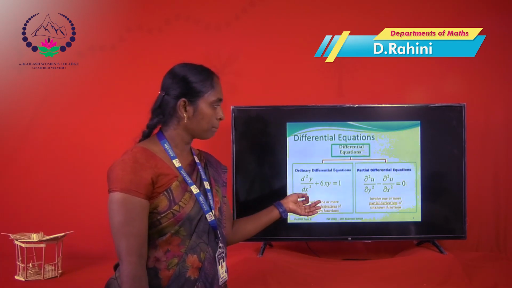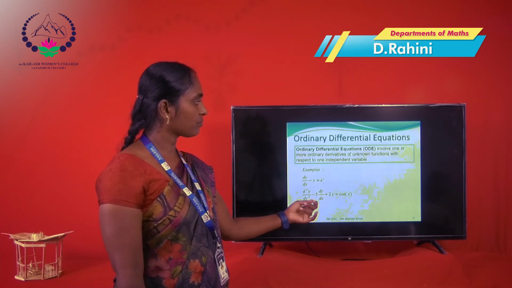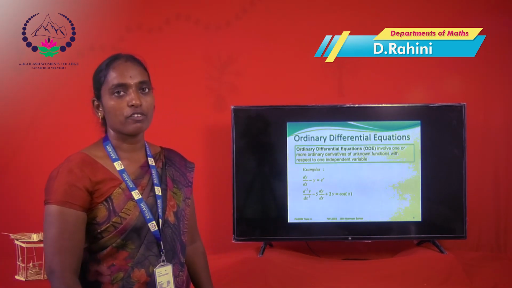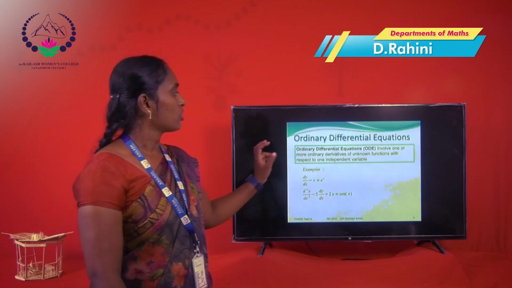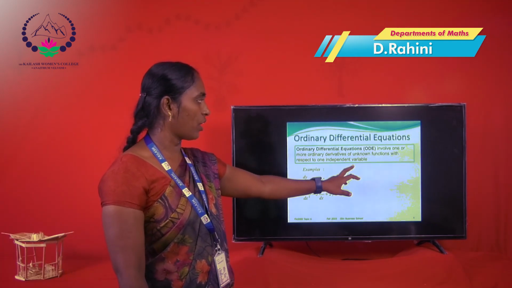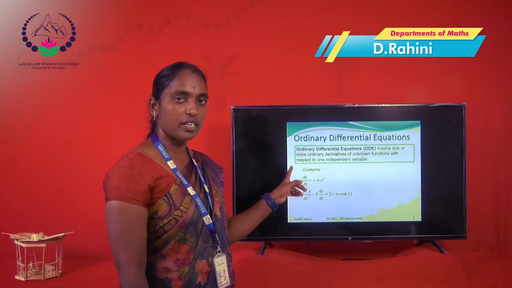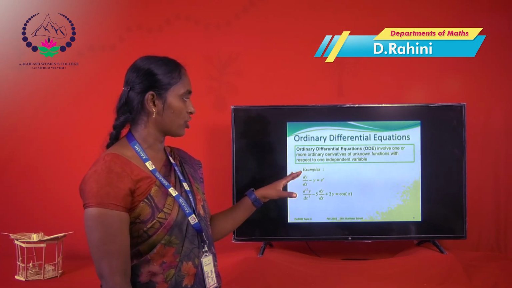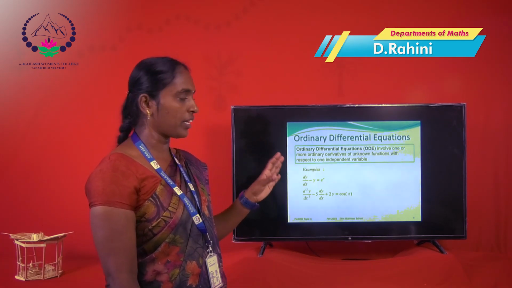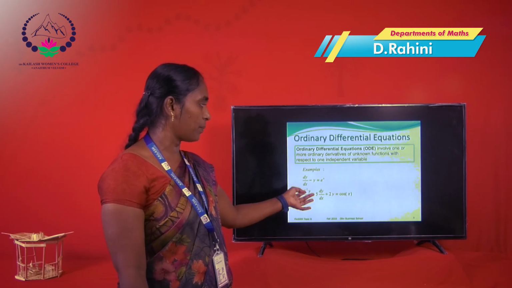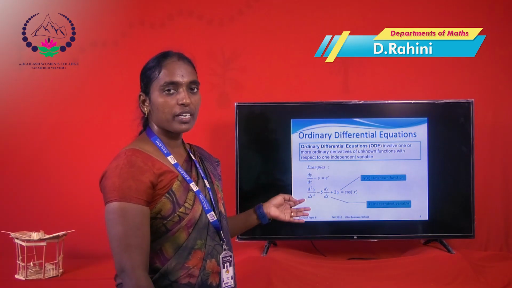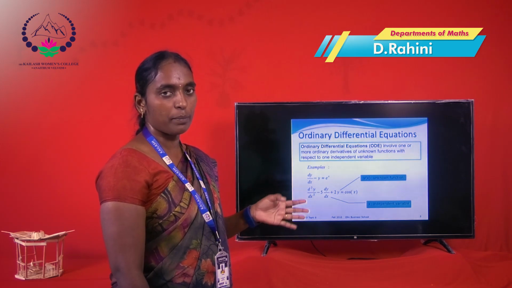Now we go to the next topic: ordinary differential equation definitions. An ordinary differential equation involves one or more ordinary derivatives of unknown functions with respect to one independent variable. Here are some basic examples. The first example is dy by dx minus y equal to e power x.